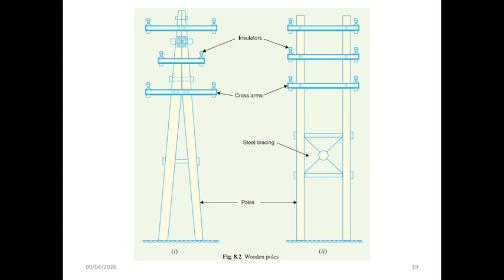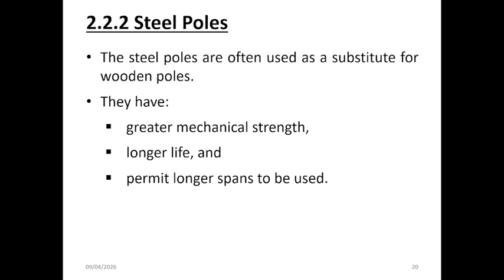Okay, this slide introduces steel poles as an alternative to wooden poles in power distribution networks. Steel poles are increasingly preferred due to their superior performance characteristics. They offer greater mechanical strength, allowing them to withstand heavier loads and harsher environmental conditions.